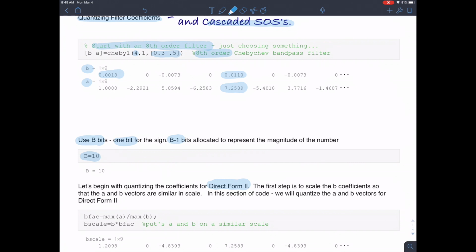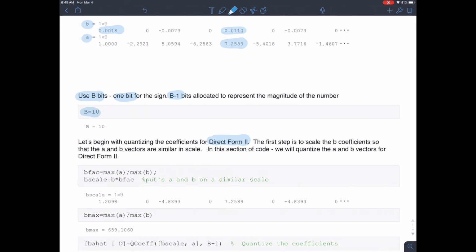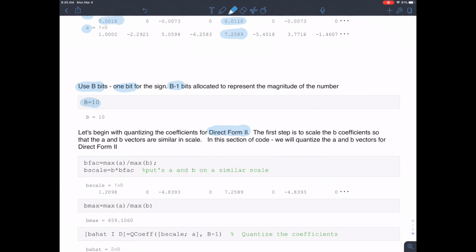One way you would fix that, and this is what you'd do in practice, is you'd scale the B vector before you quantize it, and then unscale it at the end. So scale it, quantize it, unscale it would be the steps. That's what I'm doing here.